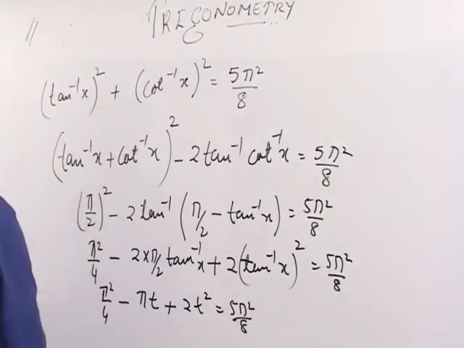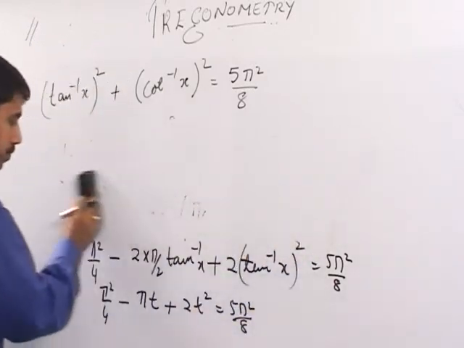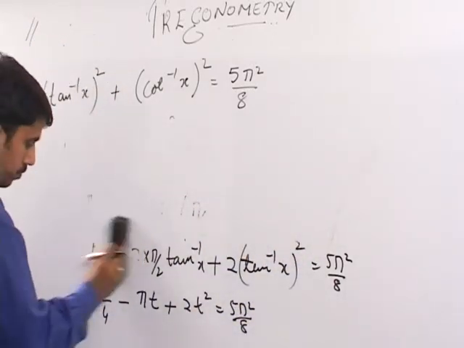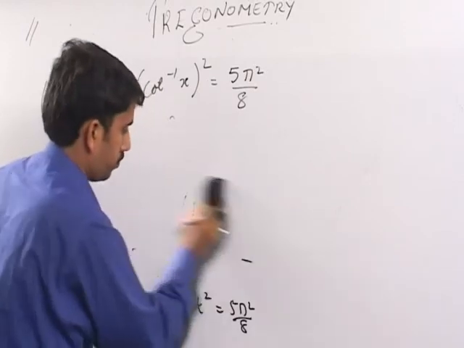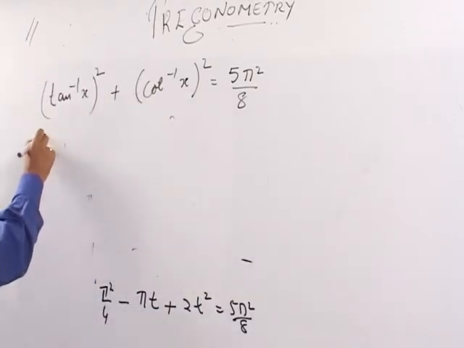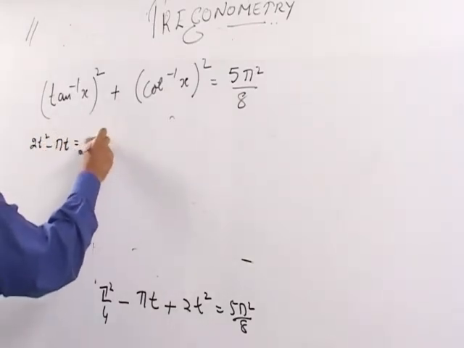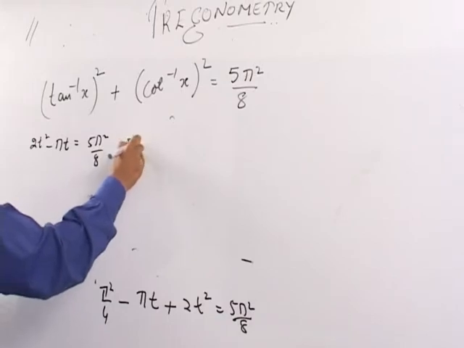And when you solve it, you will get 2t square minus pi t is equal to 5 pi square by 8 minus pi square by 4.